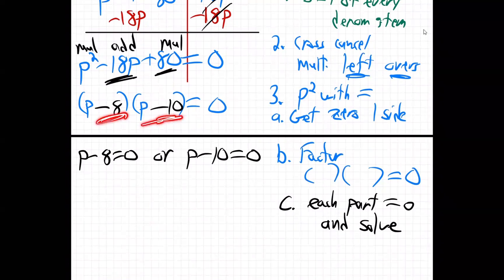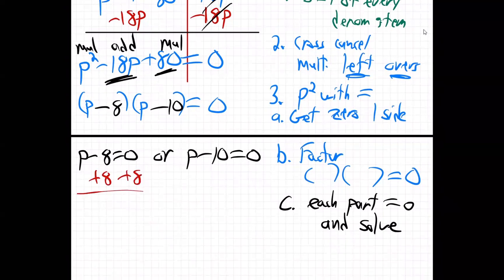Because if two things are multiplying, right? Parentheses mean multiply, don't they? If two things are multiplying to equal 0, what does that mean? Either one could be 0, right? If I say I'm taking the two numbers and I'm timesing them, it's coming out 0. Either one could be 0, right? Two things multiply to be 0 means either number could be 0. So the first one could be 0 or the second one could be 0. And then you just solve it from there.